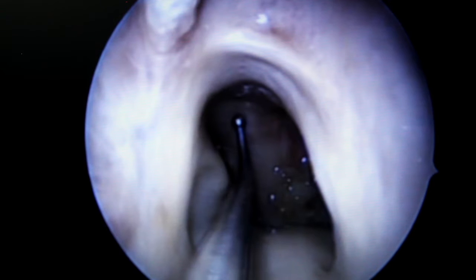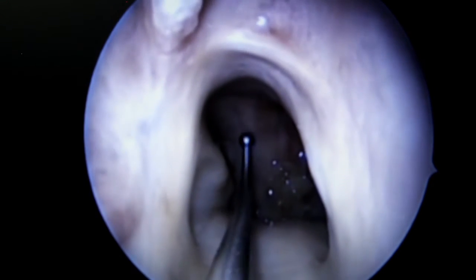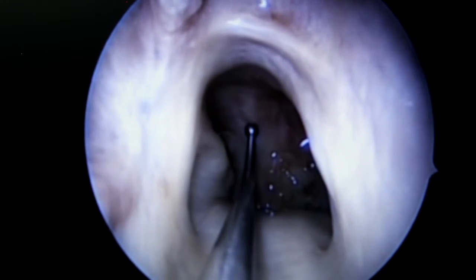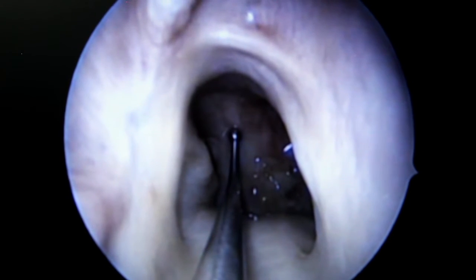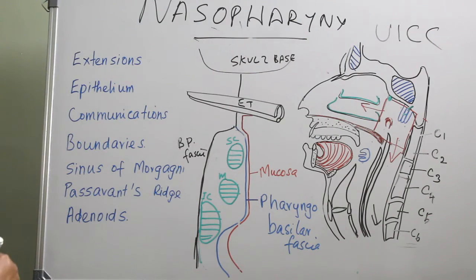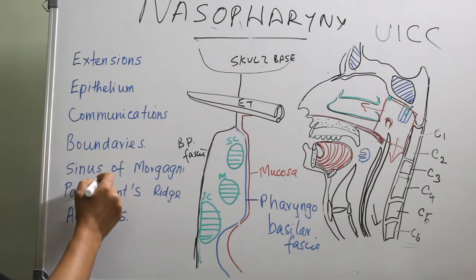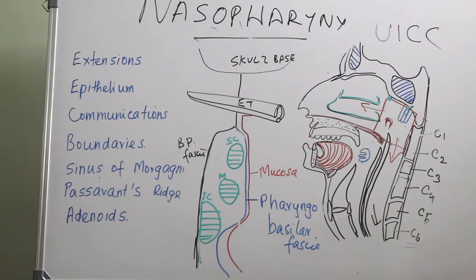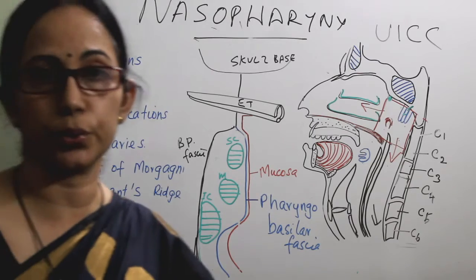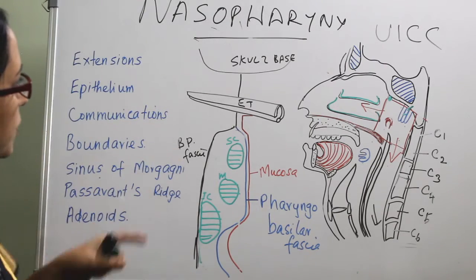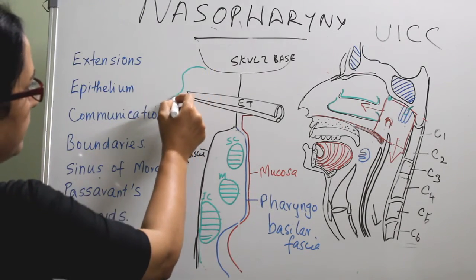And now the pointer is towards the roof, that is where the adenoids are situated. Actually, see the soft palate at the lower part, and after boundaries, what is the sinus of Morgagni? It is usually asked as a short note also. Sinus of Morgagni is actually this space.